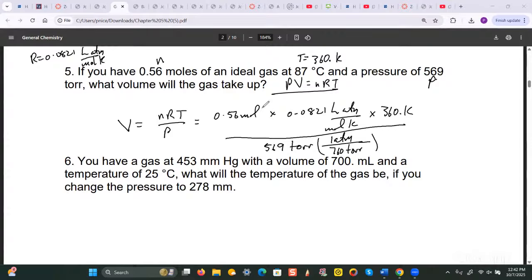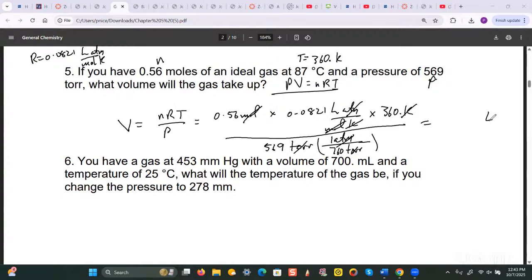In terms of the cancellation of units, the moles will cancel here and here, Kelvin will cancel here and here, torr will cancel out here and here, atmospheres will cancel out here and here. So whatever you get in your final answer, the unit is going to be liters. So let's do this calculation: 0.56 times 0.0821 times 360 divided by 569 divided by 760.